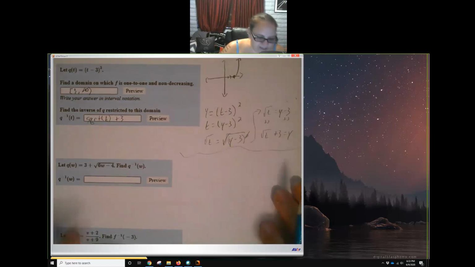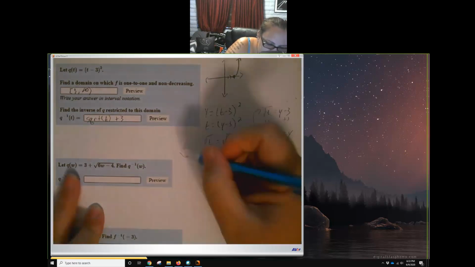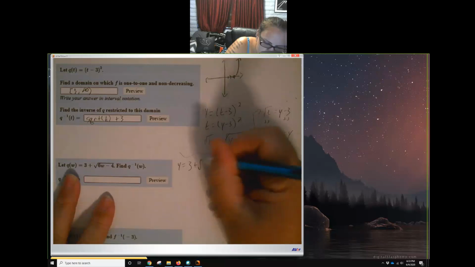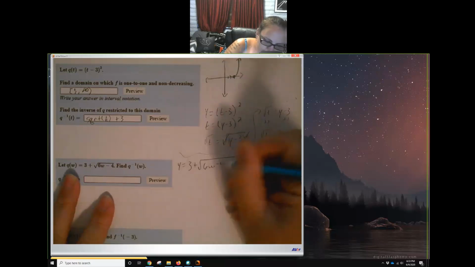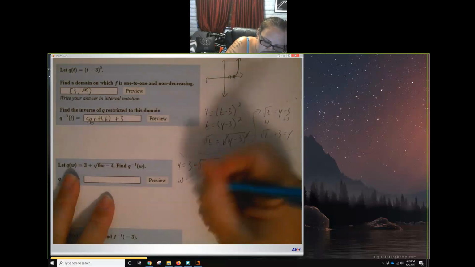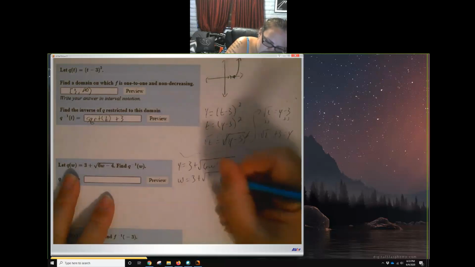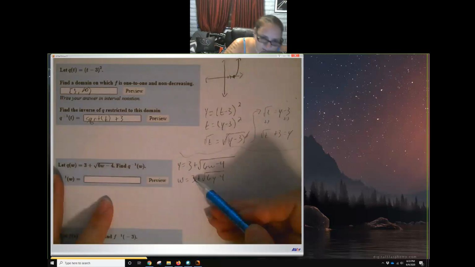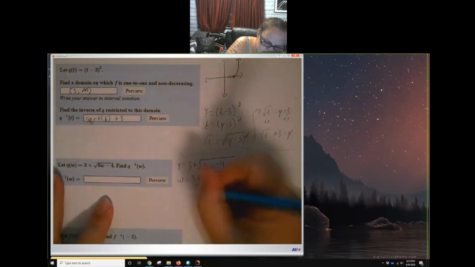Okay, same 3 steps here. Change f of w to y. Swap w and y. And then solve for y. So the first thing I'm going to do is move this 3 over to get the square root by itself.